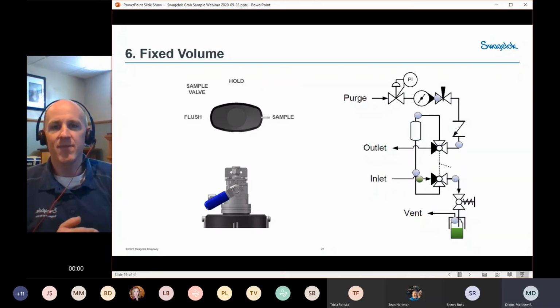We're talking 10 psi or so. So really low pressure, because you don't need much pressure to transfer that sample. As a result, we get a nice gentle flow rate into our bottle. We don't have to worry about that high pressure. So we've essentially isolated our process pressure from our sample container. That's another nice feature of this system.